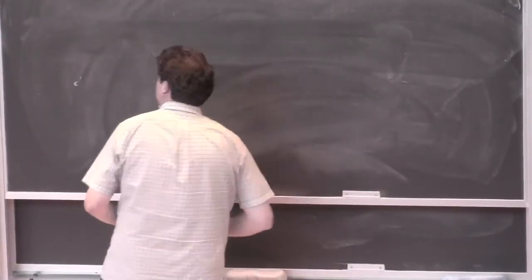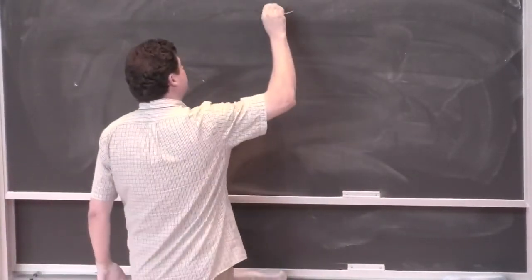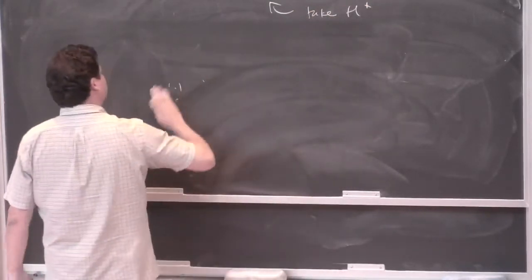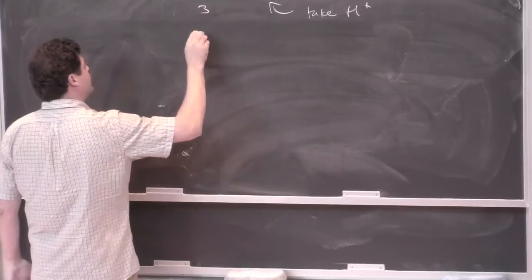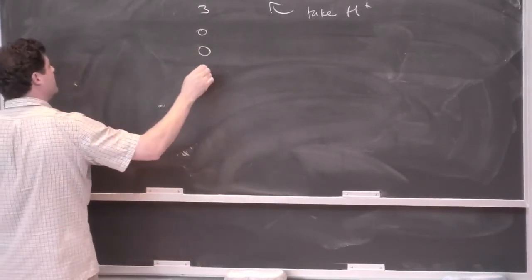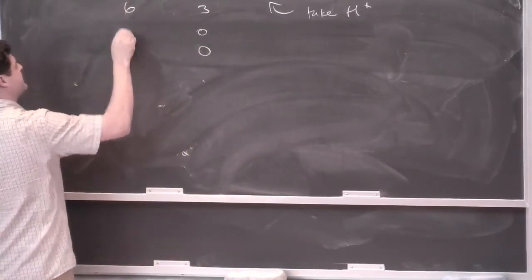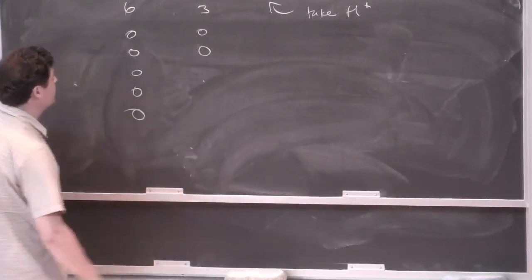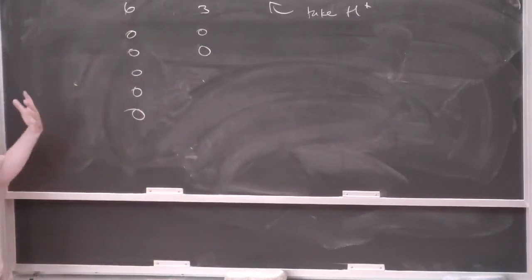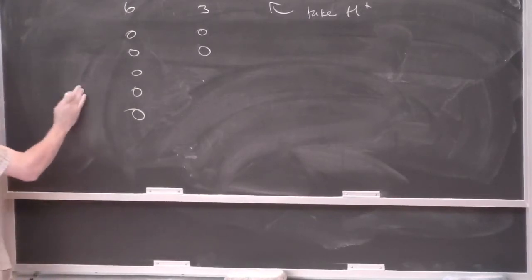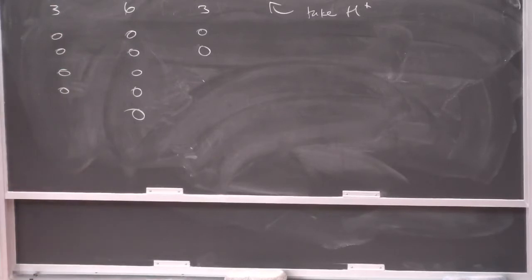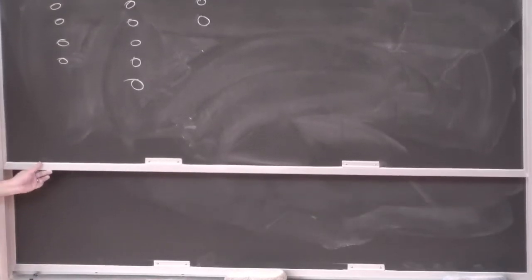So if I take cohomology of this, I'll get 3, 0, 0. Here I'll get 6, 0, 0, 0, 0, 0. Because linear forms on the quadric are the same as linear forms on P5. And here you get the 3 linear forms that vanish on that plane.